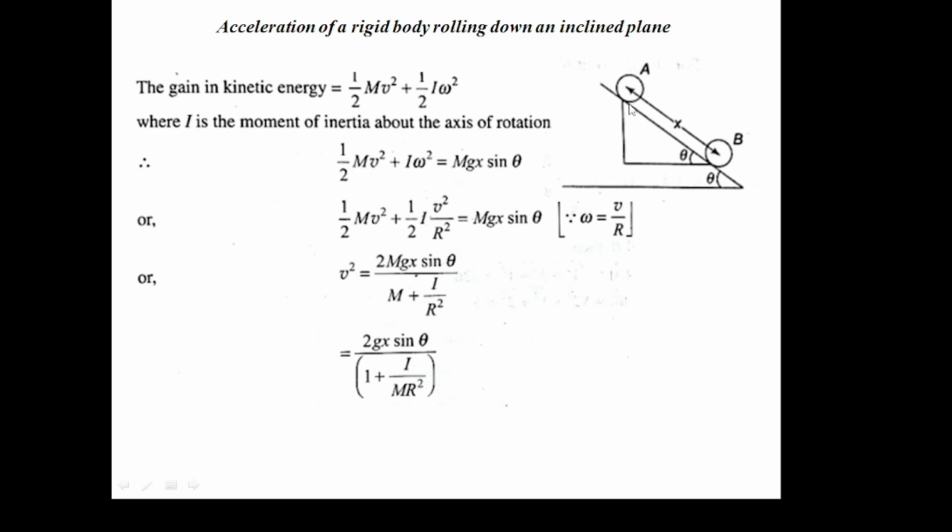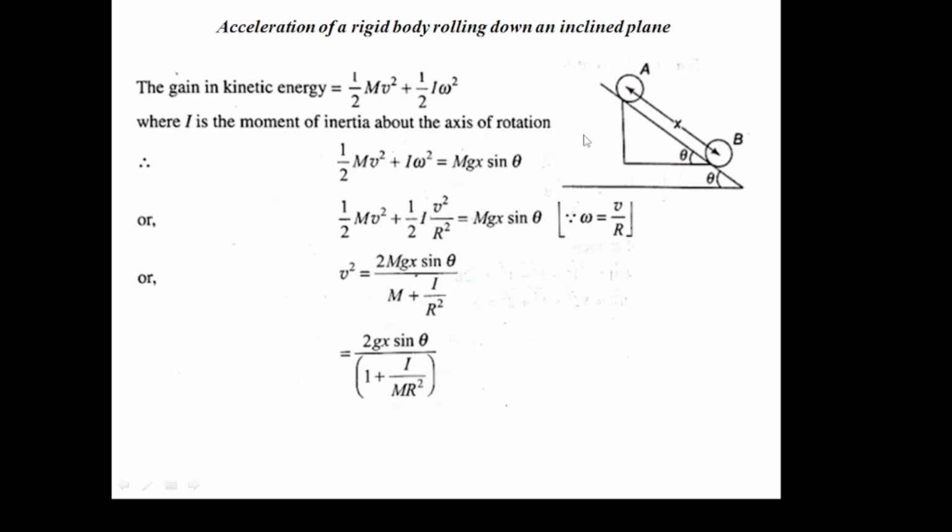The vertical distance is x sine theta, and the loss of potential energy is equal to m g x sine theta. Here we have considered that there is no friction, so the total energy is conserved.